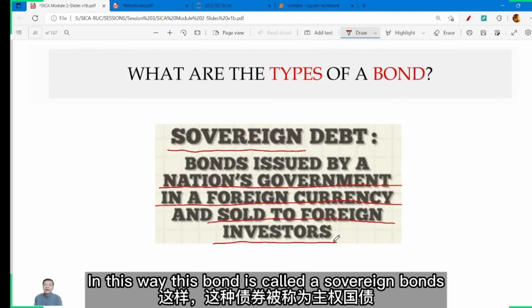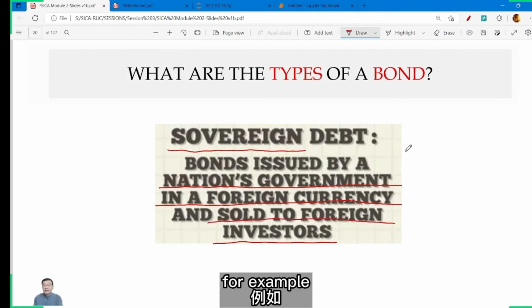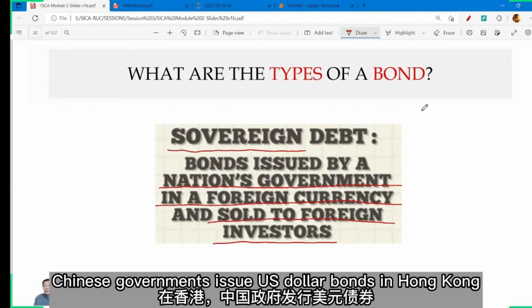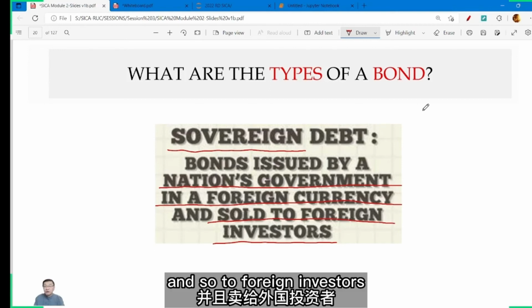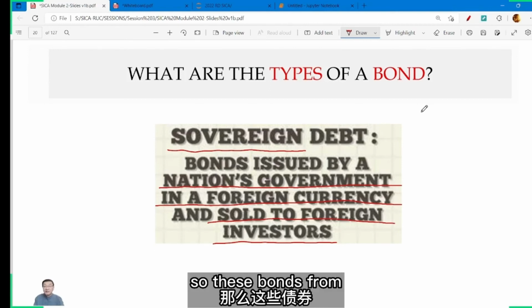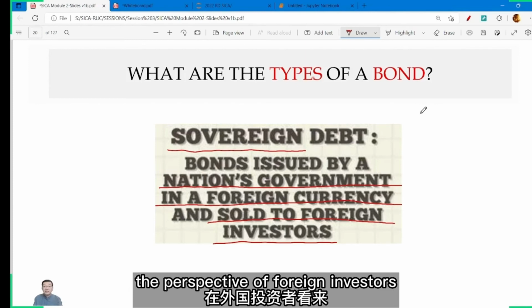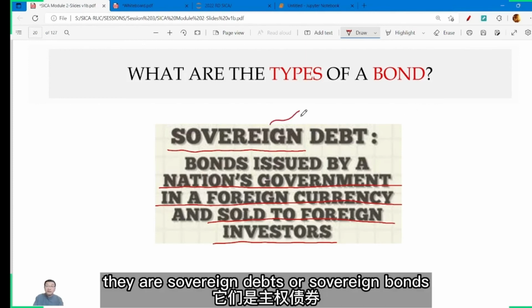In this way, this bond is called a sovereign bond. For example, the Chinese government issues US dollar bonds in Hong Kong and sells them to foreign investors. So from the perspective of foreign investors, these bonds are sovereign debts or sovereign bonds.